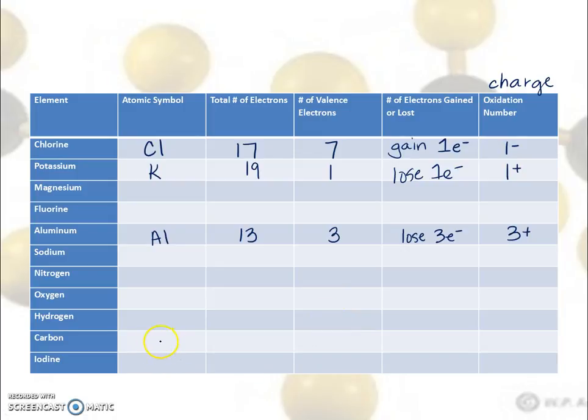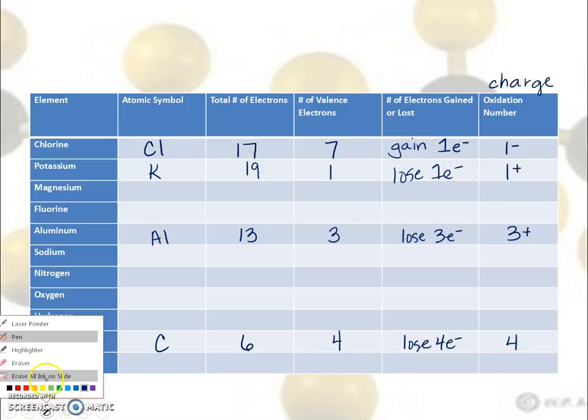Okay, carbon. Carbon is C. Carbon has 6 electrons total. It has a total of 4 valence electrons because it's in group 14. Now, is it going to lose 4 electrons, or is it going to gain 4 electrons? You're thinking, well, 4 and 4, it's the same amount of work. That's right, it is the same amount of work. But carbon's a nonmetal, so we're going to say that it loses 4 electrons, which means it's going to end up with a, sorry, I did that wrong.